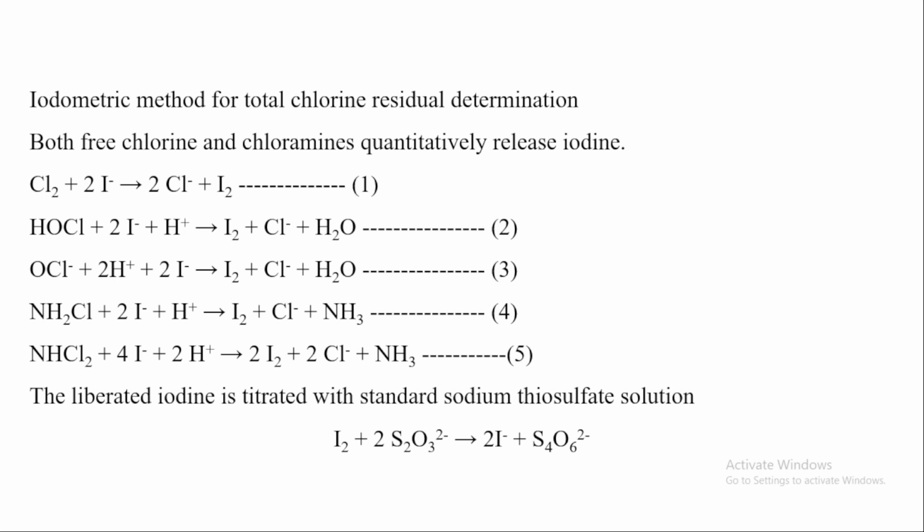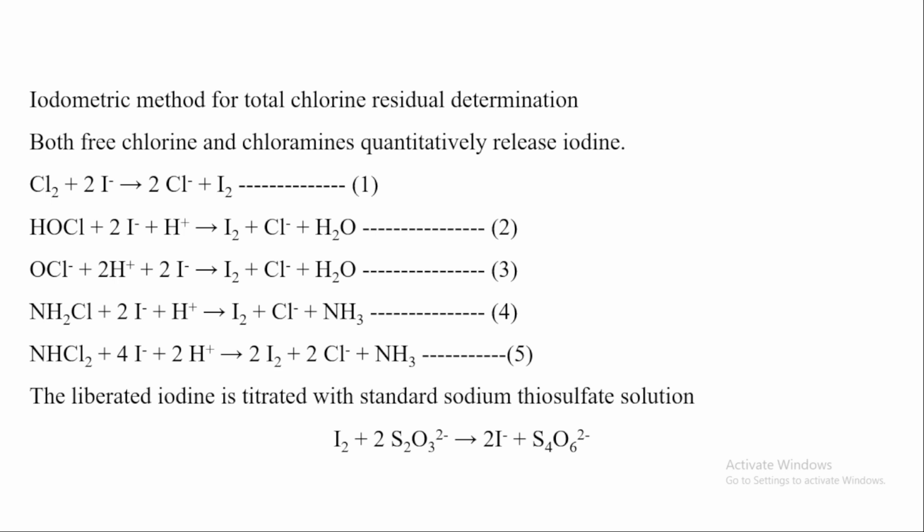Then the third reaction, OCl minus, which is again a free chlorine residual. OCl minus can also react with iodide to liberate free iodine. It can oxidize iodide ion into iodine and in turn release Cl minus plus H2O.